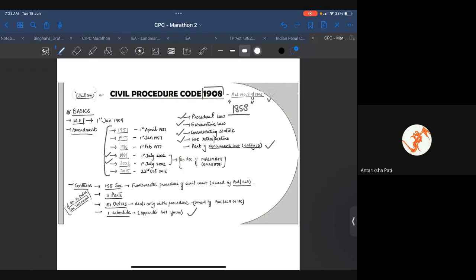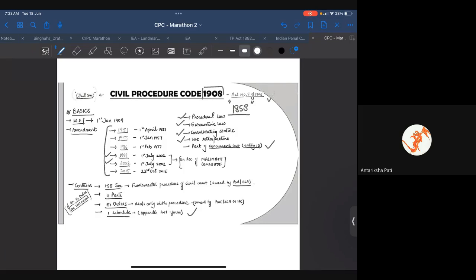It contains 158 sections, 11 parts, 51 orders, and one schedule.